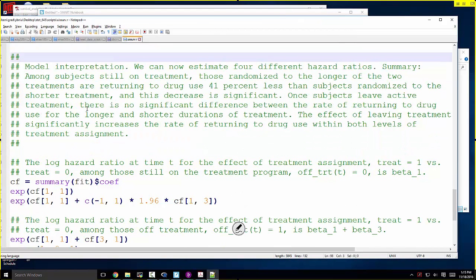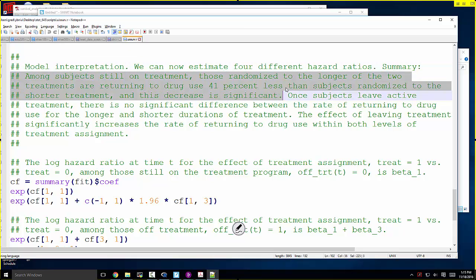For example, among the folks who are still under treatment, for whom off-treat equals 0, what is the estimated log hazard ratio?